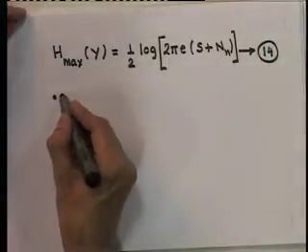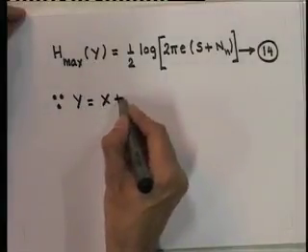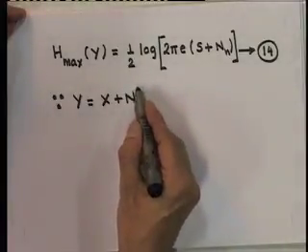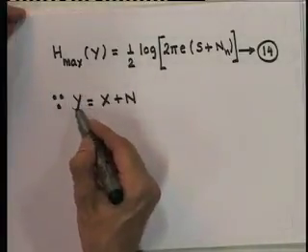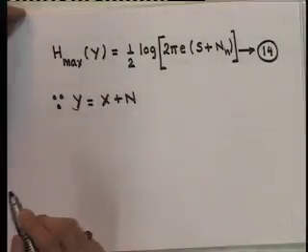Now, because y is equal to x plus n and n is Gaussian, y will be Gaussian only if x is Gaussian.